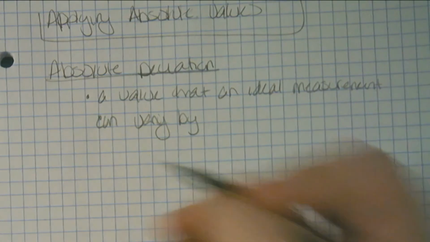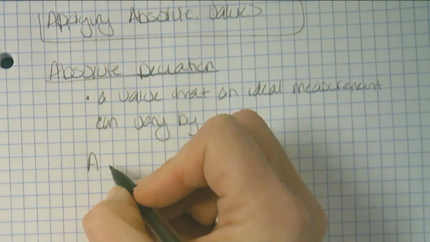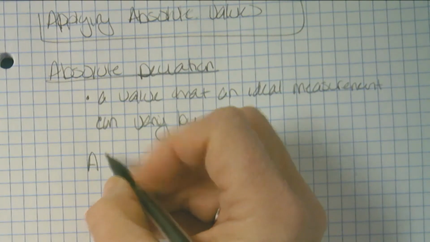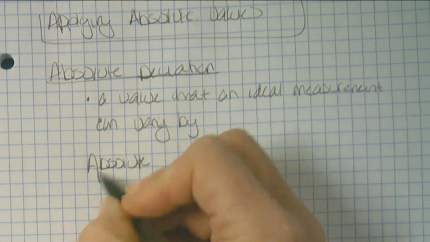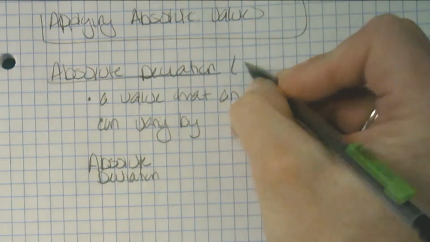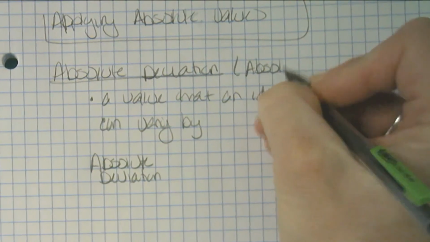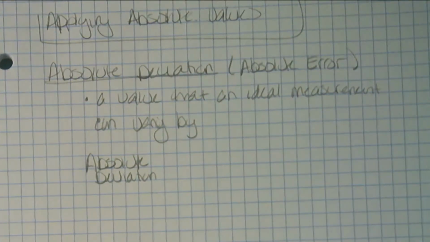All right, so absolute deviation, another word for this is absolute error. In your book, they kind of go between the two of them.